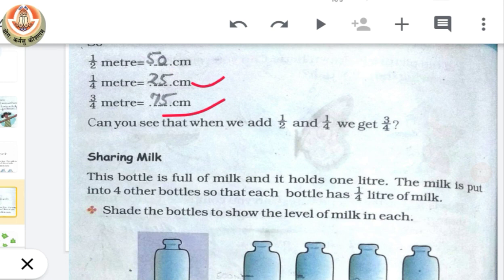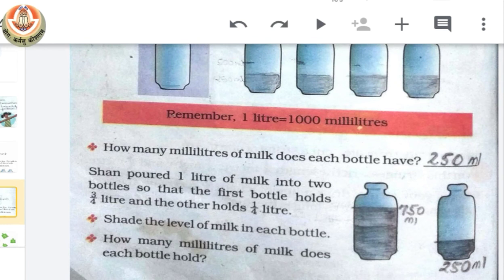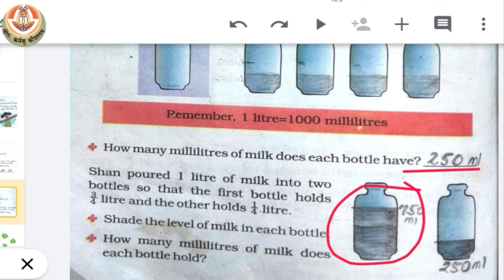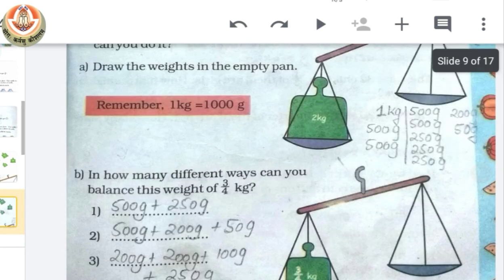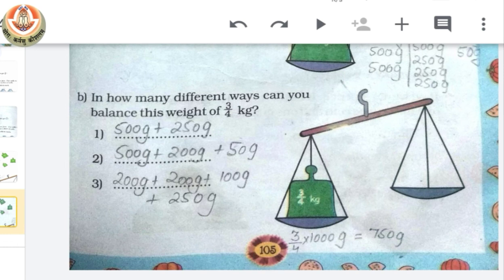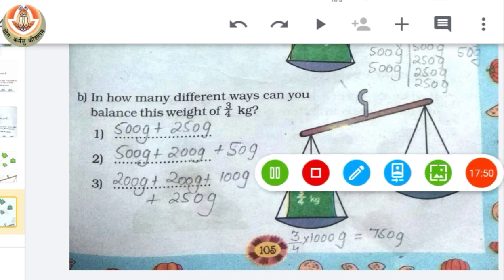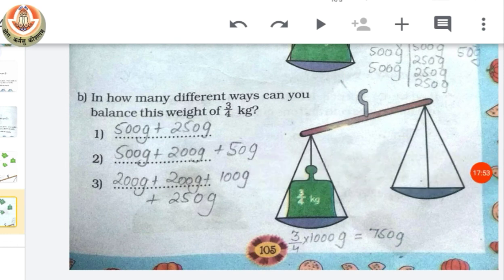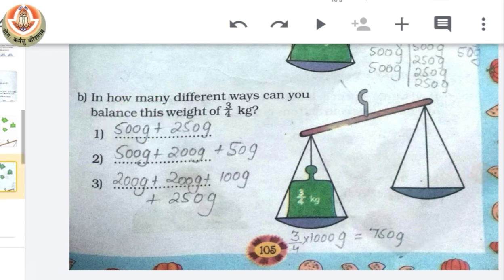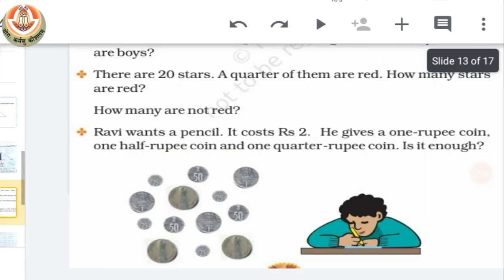And we also learned that how we can find out it. Similarly, the 1/4 of a liter is 250 milliliter, and 3/4 of a liter is 750 milliliter. Similarly, in case of kg also, 3/4 of a kg means 750 gram, and half of a kg means 500 gram. Okay, and then we have a little exercise based on how we can find half, quarter of given things.